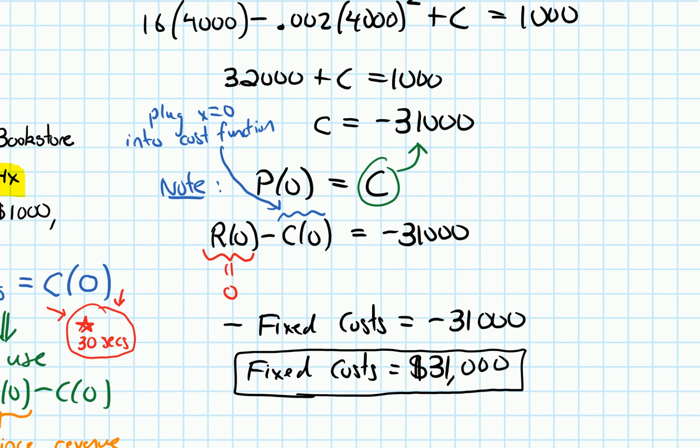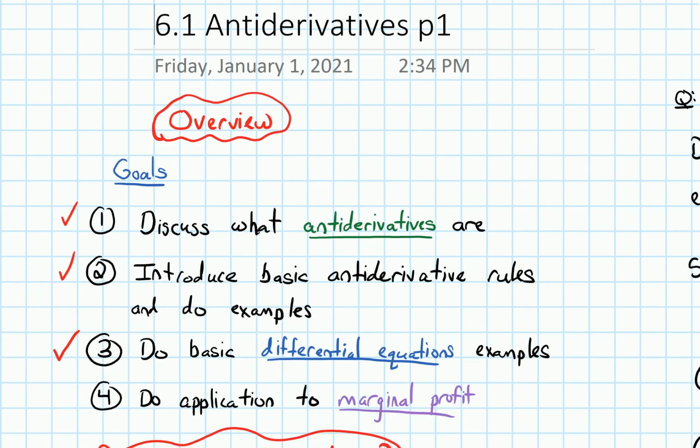And that's my answer. So in terms of our goals for this section, we have finished our last goal, which is we did an application of antiderivatives to marginal profit. So as a preview to the next video, we're going to start to look at more challenging antiderivatives. In this section, we just looked at more basic ones.